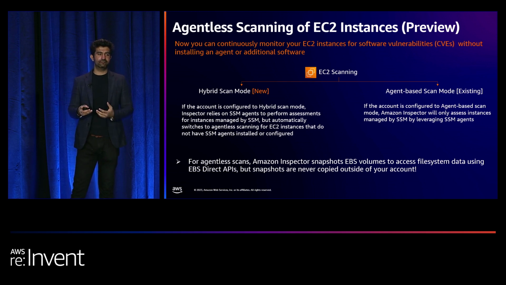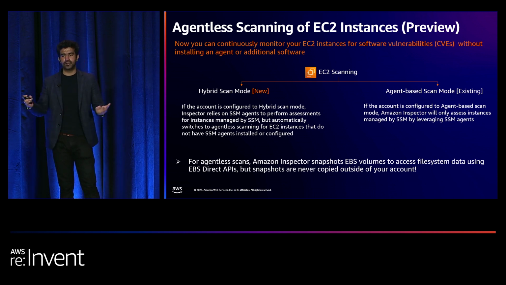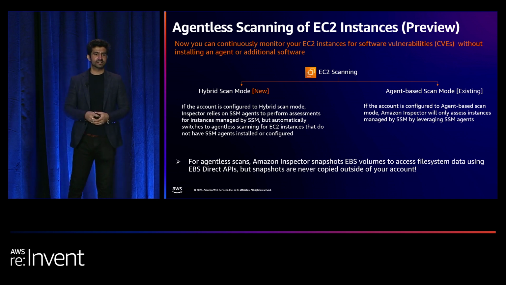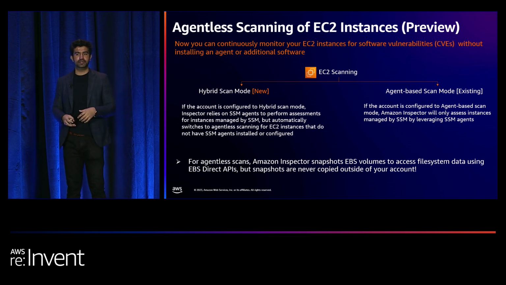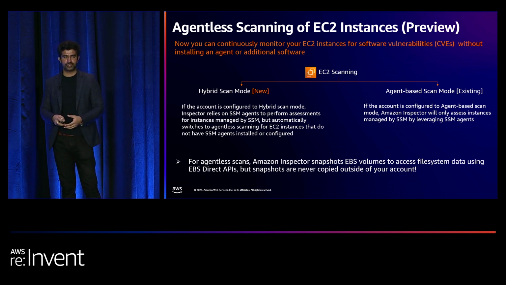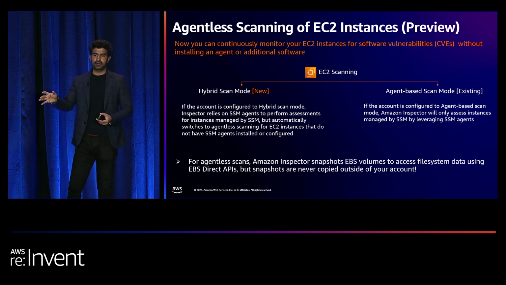Seamlessly, without any manual action, we will automatically fall back on the agentless solution. So let's say today you created a new account, you launched 100 instances, and you had the SSM agent installed and configured on 80 instances. For those 80% of the instances, we will continue to use the SSM-based solution. But for the remaining 20, we will automatically fall back on agentless.